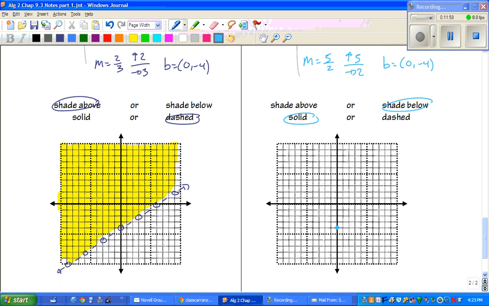So at -4, we go up 5 over 2, up 5 over 2, go in both directions, and then draw your line. We shade below, so you go to your point and make sure that you shade below that.